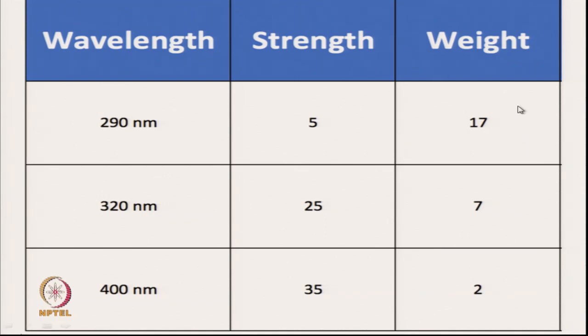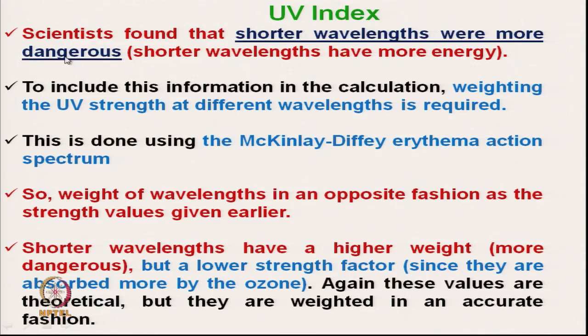That is why it has been weighted with 17, 7 and 2 for 400 nanometer. The scientists found that shorter wavelengths were more dangerous, okay, because shorter wavelengths have more energy. So, the effect on the human body is more. To include this information in the calculation, weighting the UV strength at different wavelengths is required. So, at different wavelengths the weighting was made.